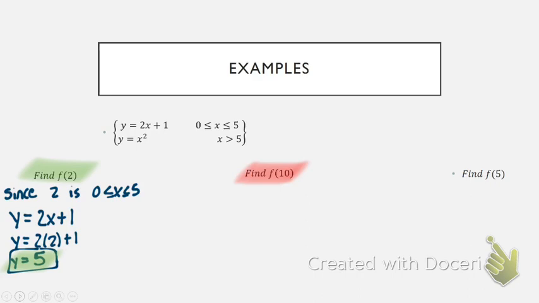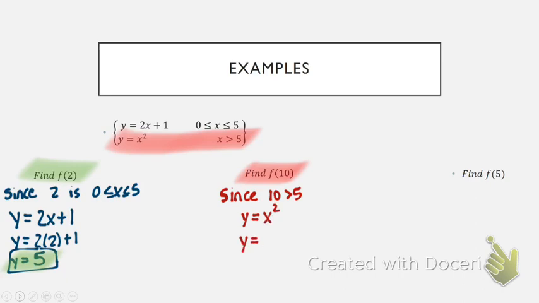The second question asks me to find f of 10. So I have to determine, is this x value of 10 between 0 and 5, or is it bigger than 5? 10 is in fact bigger than 5. So since 10 is greater than 5, I know my function is y equals x squared.